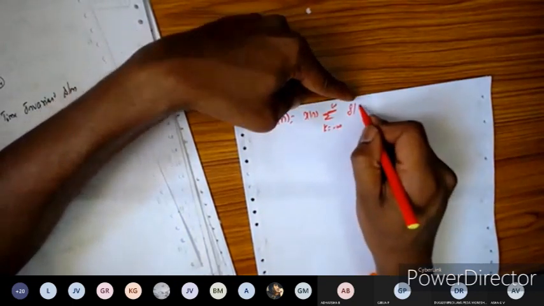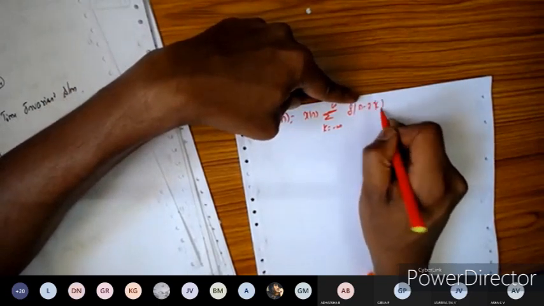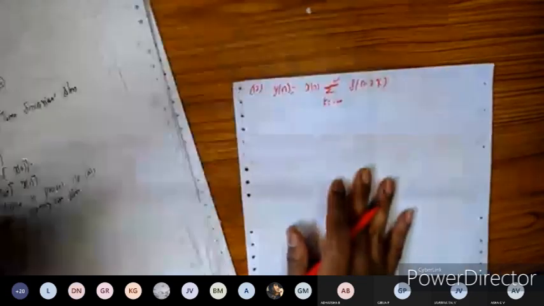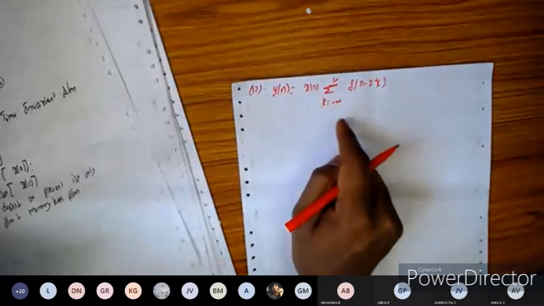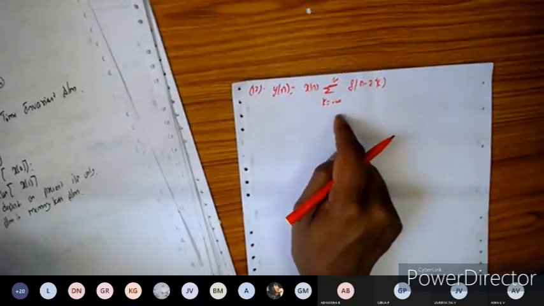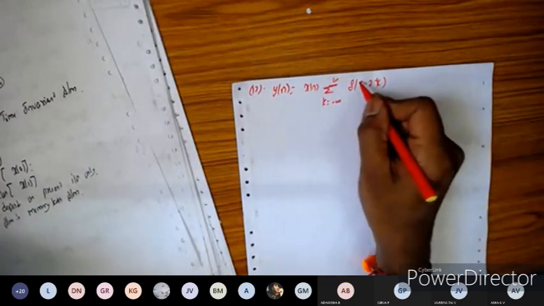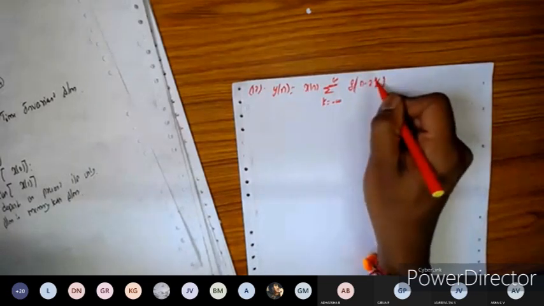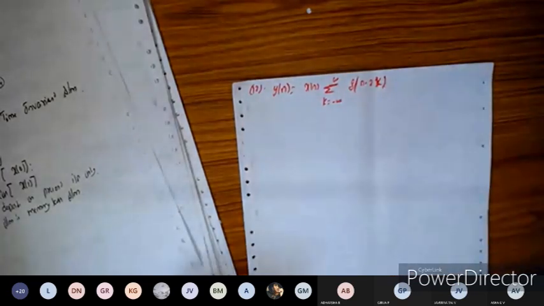So take y of n is equal to x of n, summation k from minus infinity to plus infinity, delta of n minus 2k.